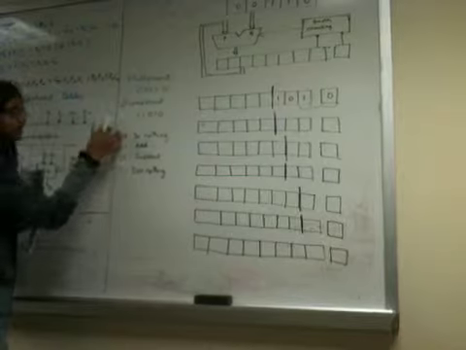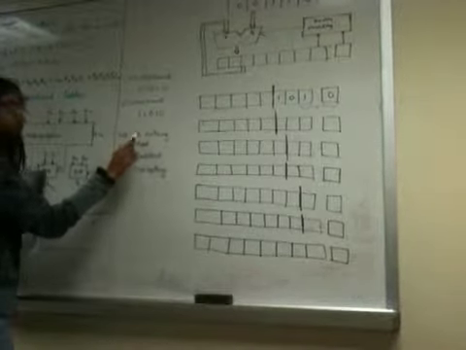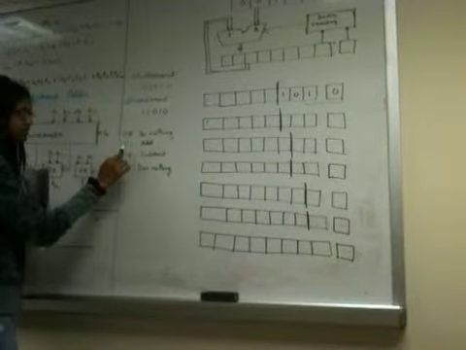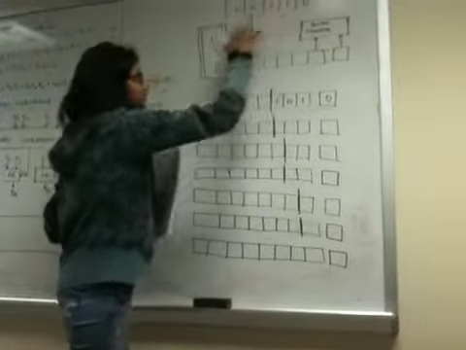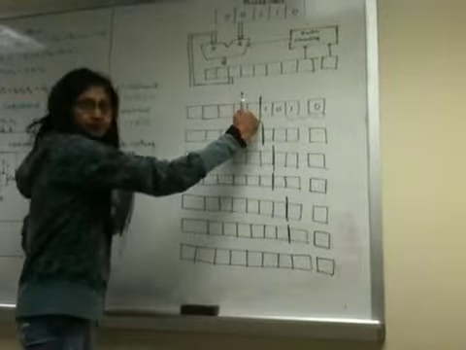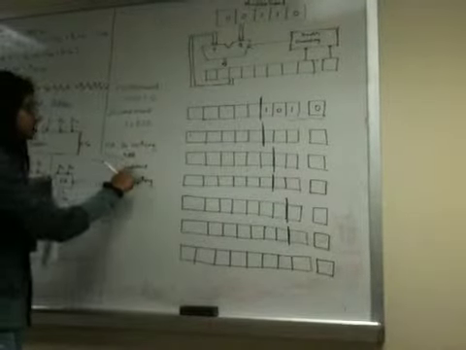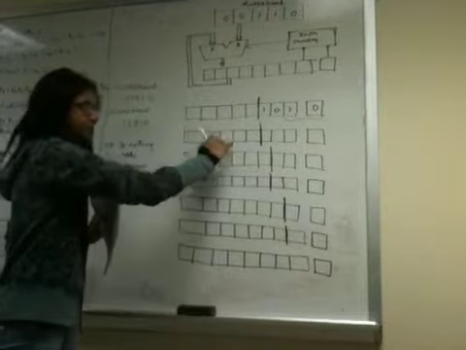Depending on the value, we do one of the following. We do nothing in the case of 0, 0 or 1, 1. If it is 0, 1, we add the multiplicand here. If it is 1, 0, we take the 2's complement of the multiplicand and we add it.